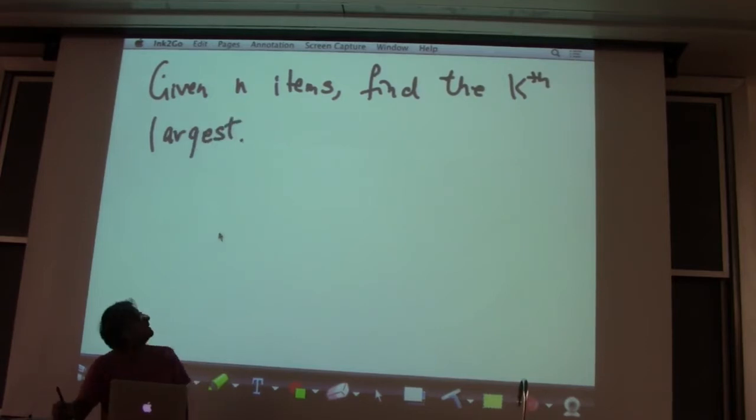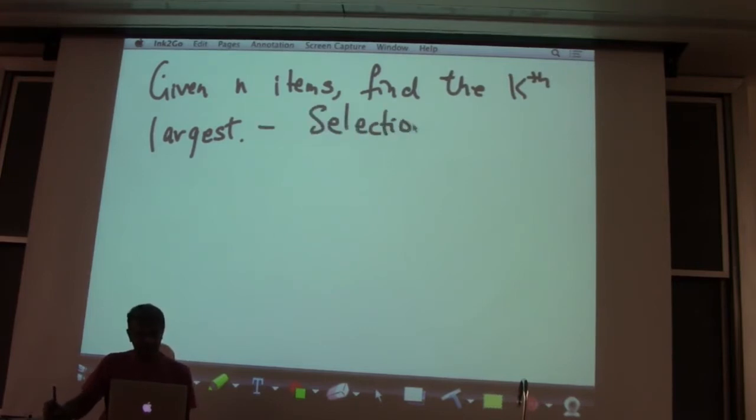Okay? This is the problem of selection. Of course, if you are trying to find the median, then that's just a special case of this problem, where k is equal to n over 2.